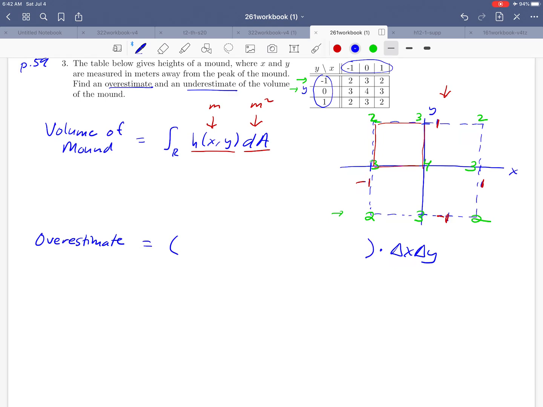As you look at this first square, we want an overestimate, so where is the maximum height? It's right here in the center, 4. So we'll take that as our function value. Then if we move on to the square to the right of it, where's the maximum height there? 3, 2, 3, or 4. 4 is still the maximum, so we're going to use 4 again.